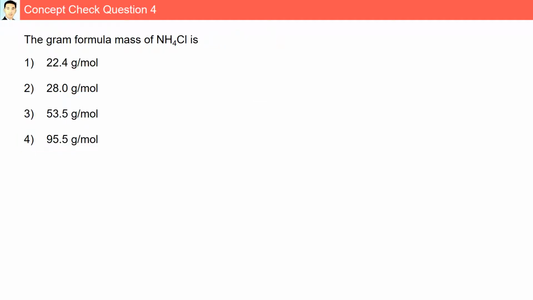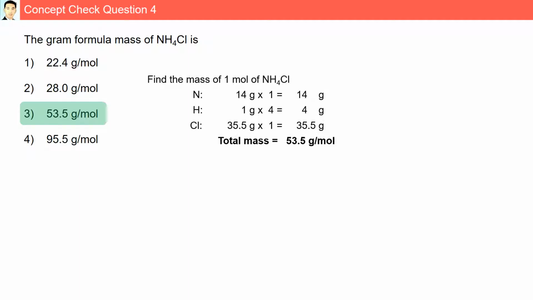Question 4. The gram formula mass of NH4Cl is? In this question, we are asked to find the gram formula mass, or the molar mass, of NH4Cl. Here, we have to identify each element, find their molar mass, and then multiply it by the subscript of that element.